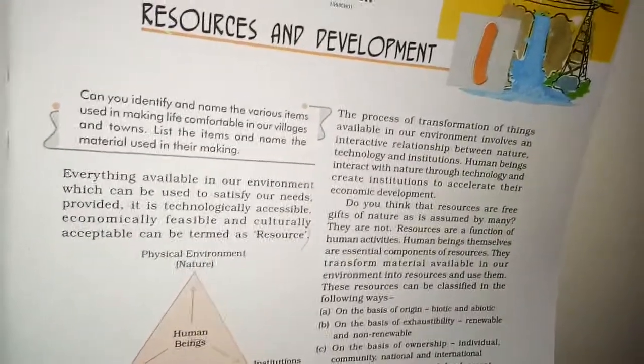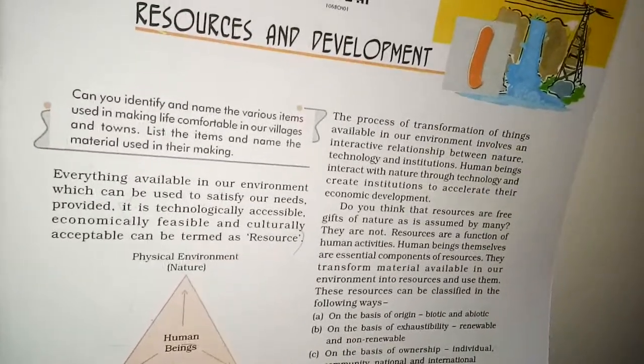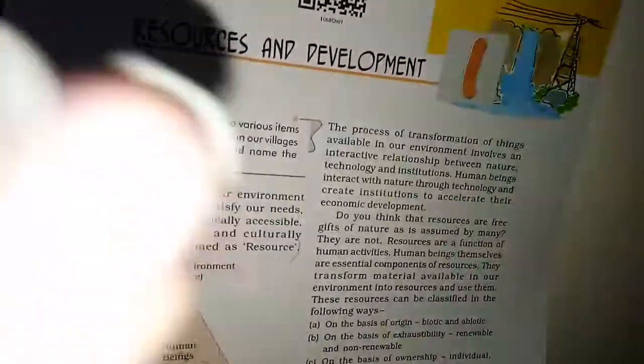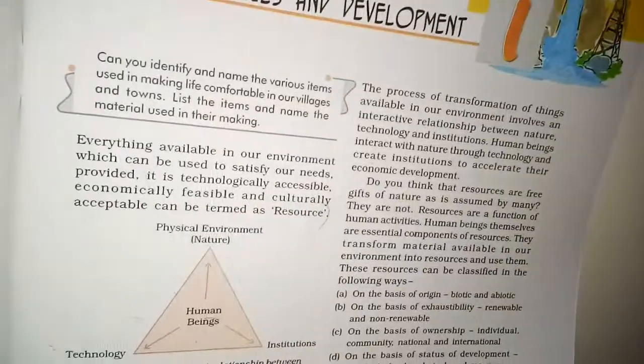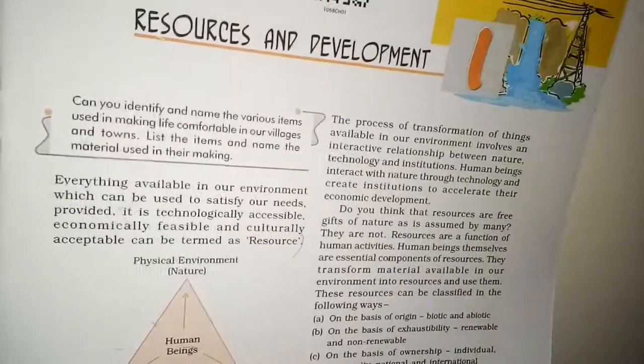So in 8th and 9th we have learned that human beings are also resources, and here it says that human beings themselves are essential components of resources. Means human beings are very much essential to make any resource work.